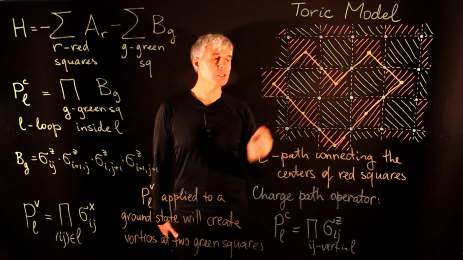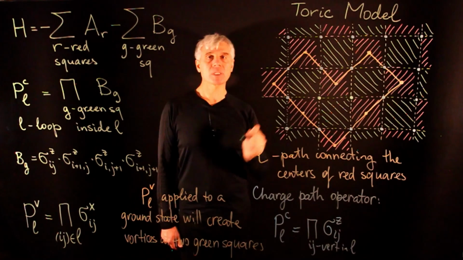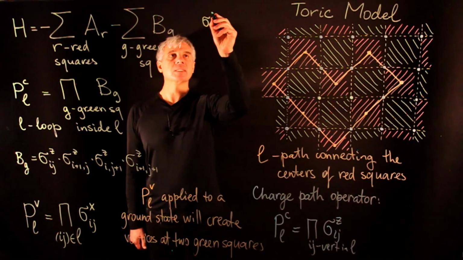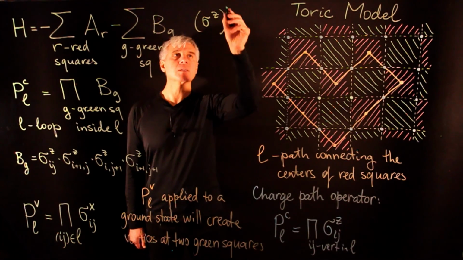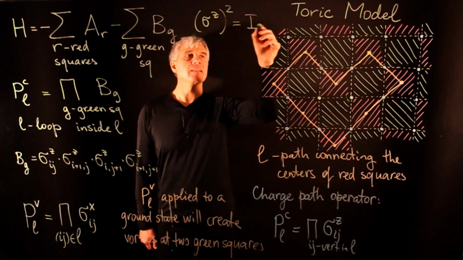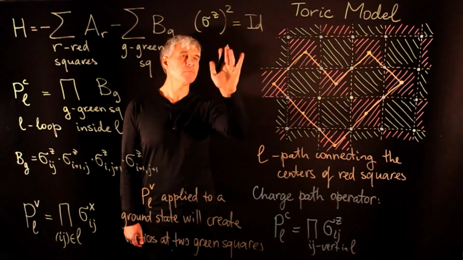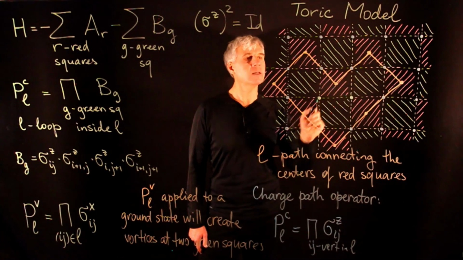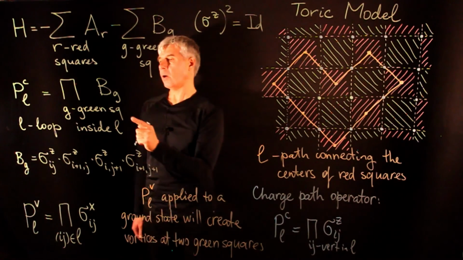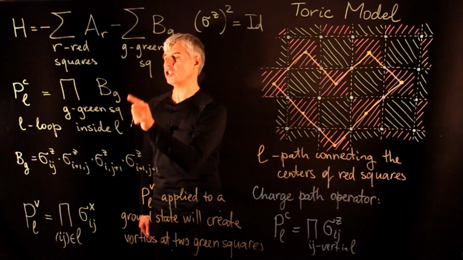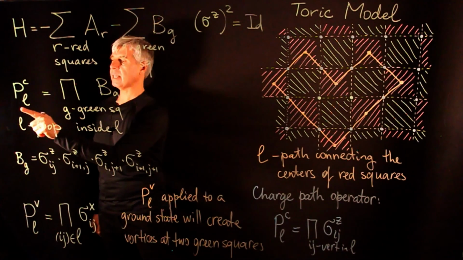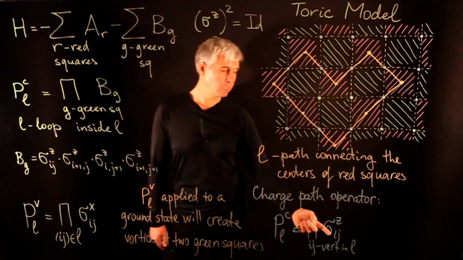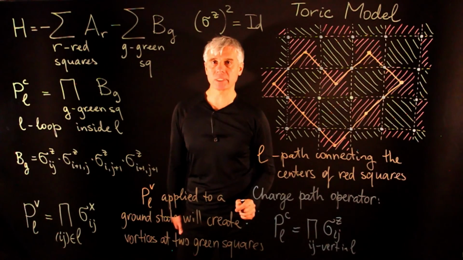And then the corresponding sigma matrices will cancel, because we have the property that a sigma matrix squared gives us identity. And then after these cancellations at these 2 points, we will see that the factorization of this product of BG operators is the same as the factorization of this loop path operator in sigma z Pauli matrices.